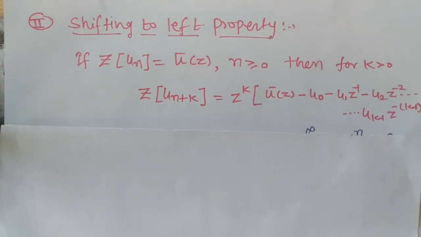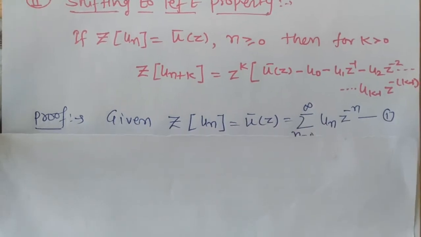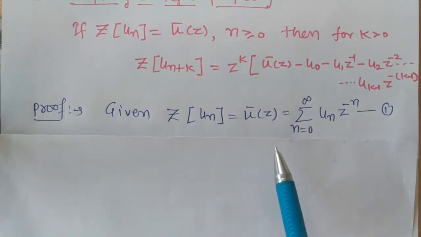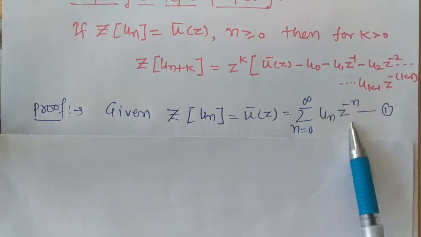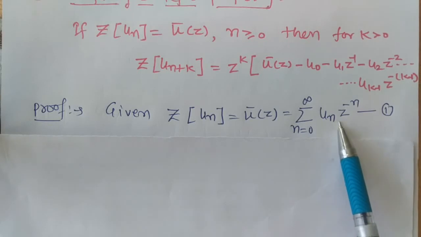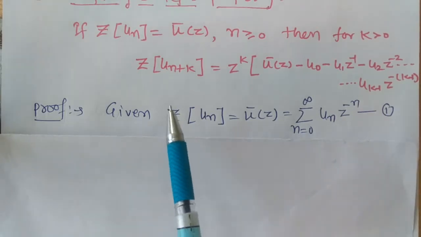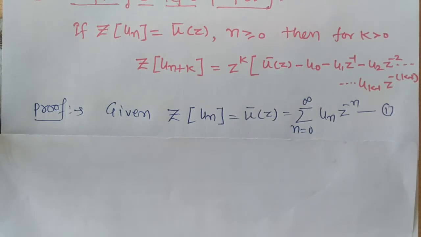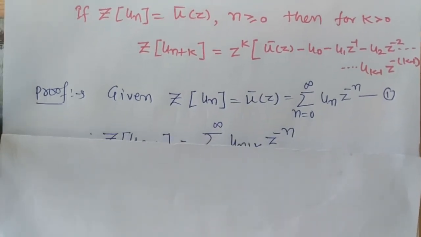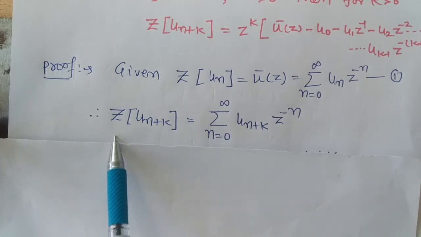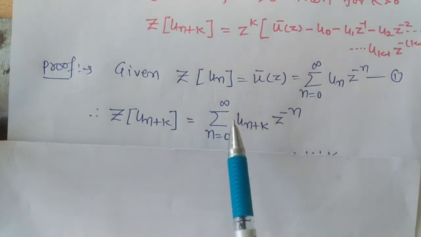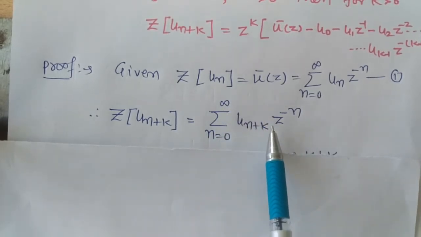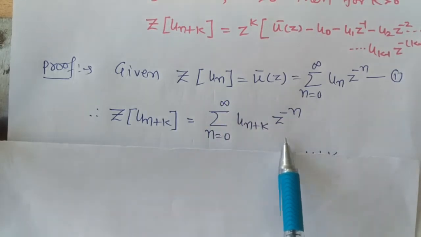Now given the Z transform of u_n is u bar z, which is summation n goes from 0 to infinity u_n into z^{-n} for n greater than or equal to 0. Therefore the Z transform of u_{n+k}, using the definition of the Z transform, is equal to summation n goes from 0 to infinity u_{n+k} into z^{-n}.